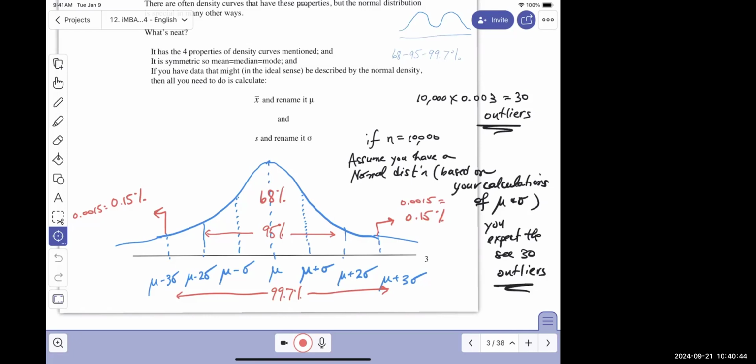So remembering that X bar and S are statistics, right? Because a statistic is a number computed from a sample, and they're used to estimate the parameters mu and sigma.